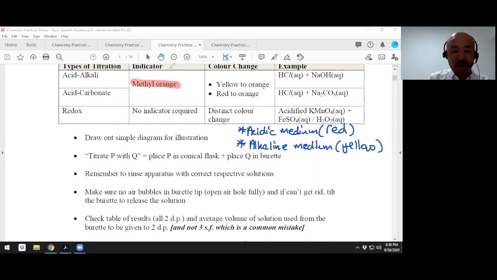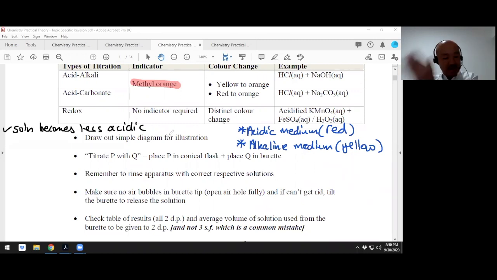So by right, if I titrate and the solution in the conical flask becomes less acidic, let me say I add sodium hydroxide from the burette, so the solution becomes less and less acidic.